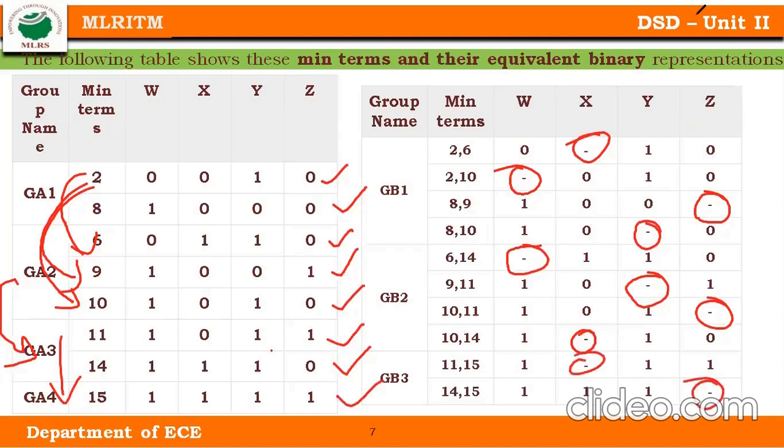So all these are grouped. So leave this table, forget about this table, because in this table I am not finding any prime implicants. Now this is a new table with 4 groups reduced to 3 groups. Now again I need to do the same procedure, comparing group 1 to group 2, group 2 to group 3. Okay, so let's do that one.